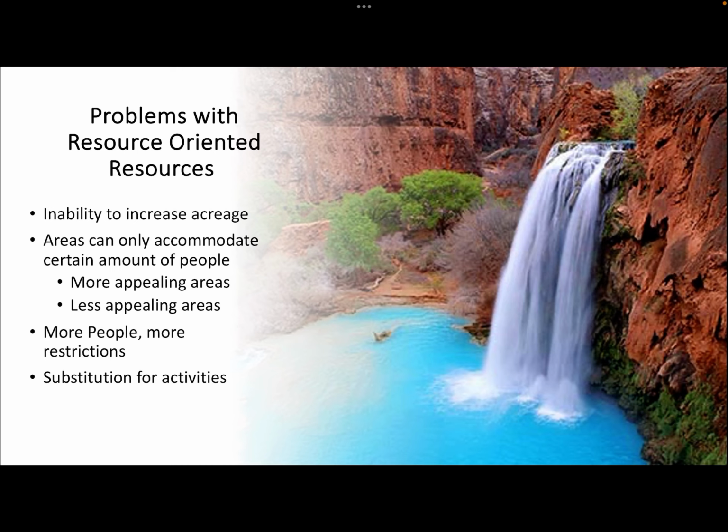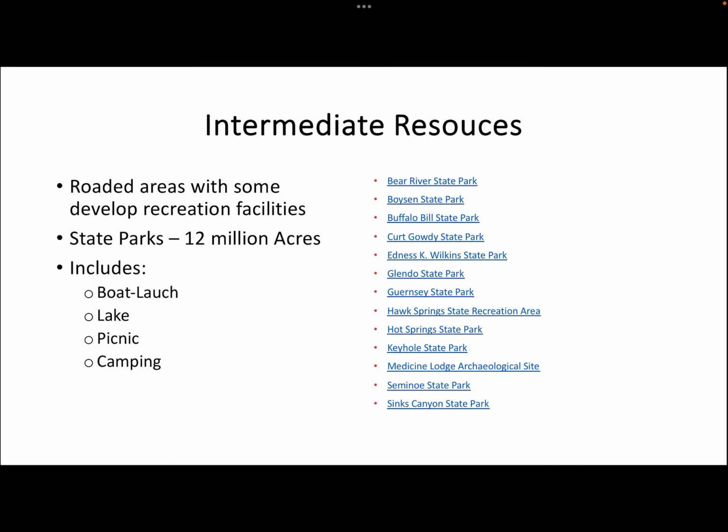So if you were coming here to fish, which you wouldn't, this is not a fishing spot, and the resource was taken, abused or used, you might not be able to fish there anymore. So Havasupai is a great example of a resource-oriented resource that's had increased usage, and now it's super restricted.